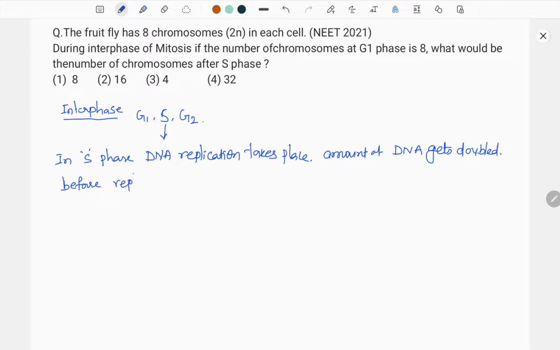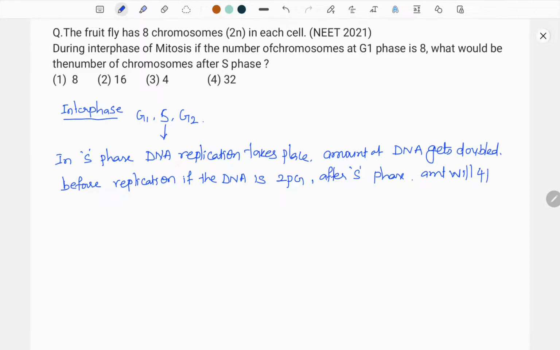before replication, if the amount of DNA before S phase is 2 picograms, then after S phase, that is after replication, the amount will be 4 picograms.